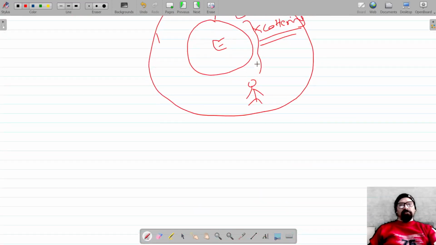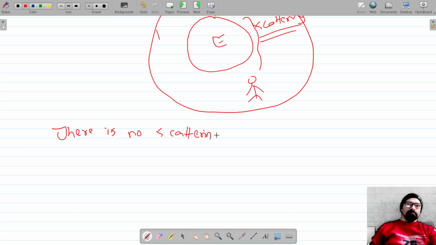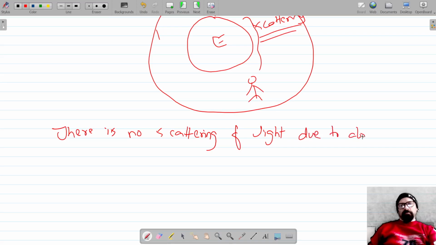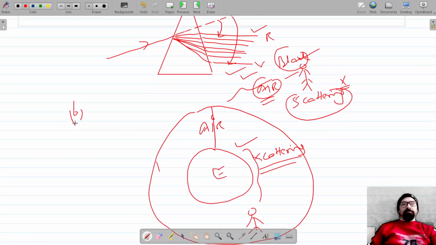The sky appears dark to the passengers flying at high altitudes, and the answer is there is no scattering of light due to absence of atmosphere at high altitudes. So this is the reason for B.